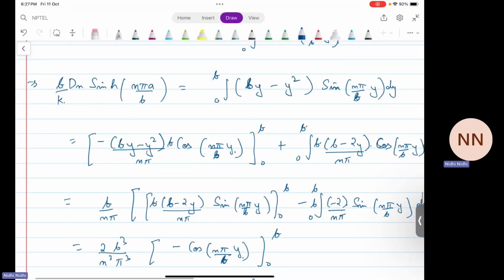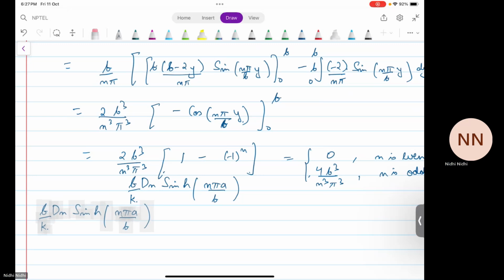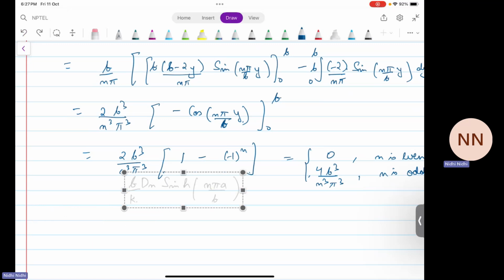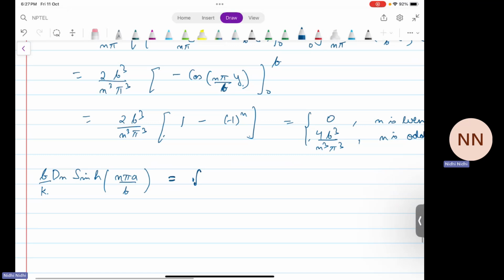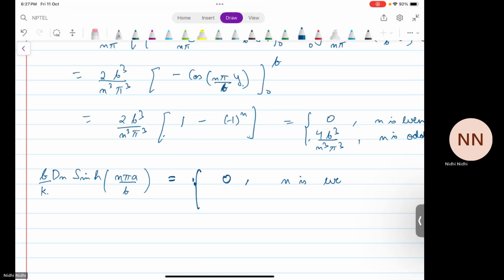So the left hand side was, just copy it, so this is equal to 0 when n is even, 4b cube by n cube pi cube when n is odd.